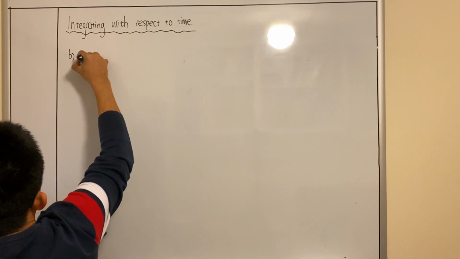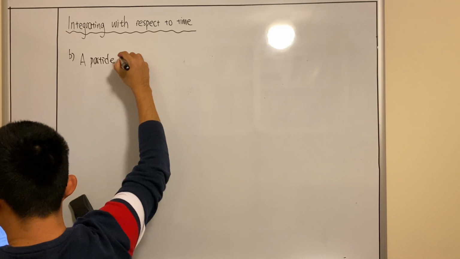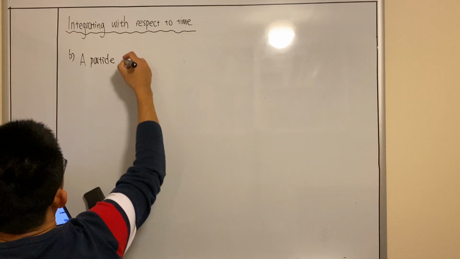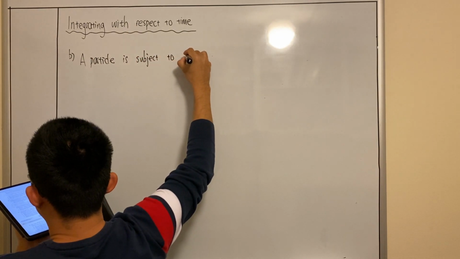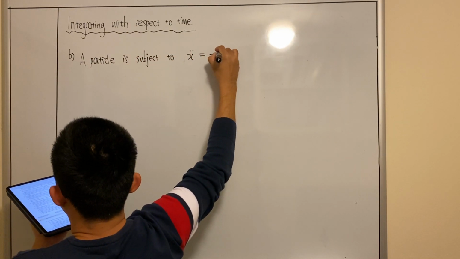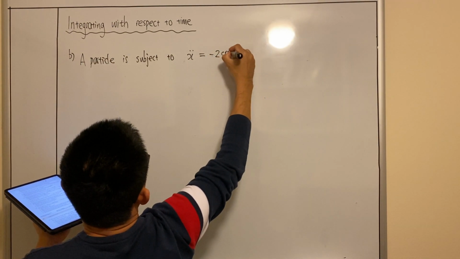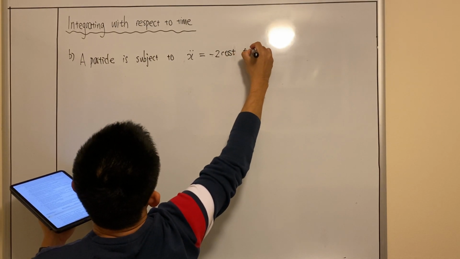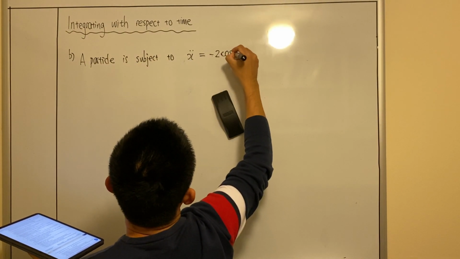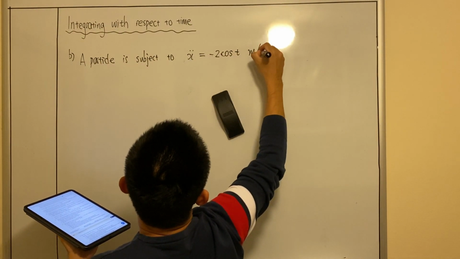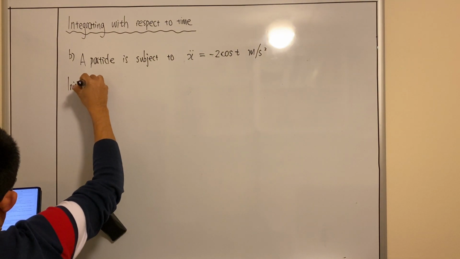Question B. A moving particle is subject to acceleration, which is equal to that formula here, minus 2 cos t meters per second squared.